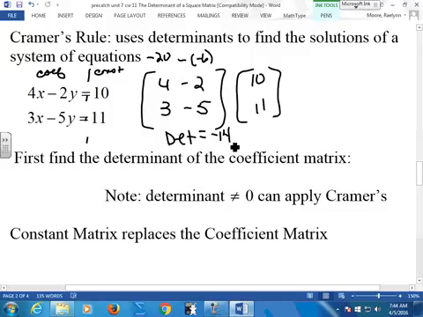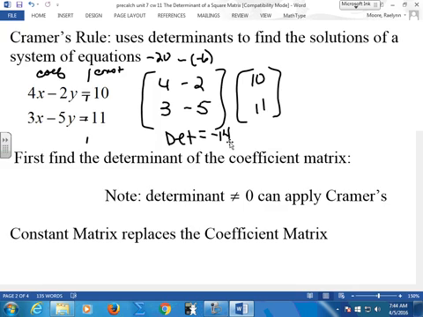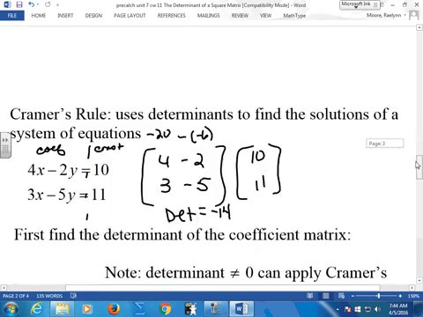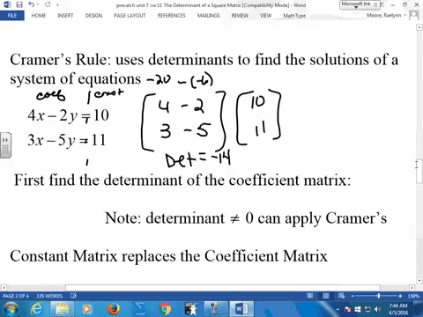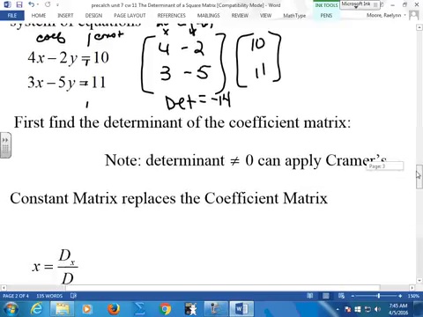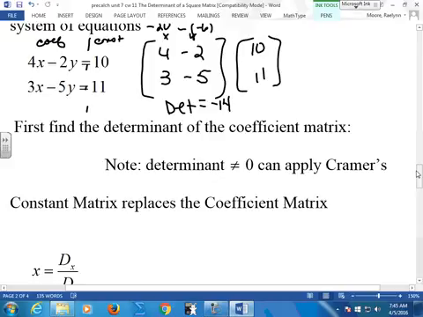Okay. Now, to do Cramer's rule, I don't think I have enough room here. I'm going to have to do it here. So this is your x, this is your y. We're going to take this column with your constant, and if we want to solve for x, we're going to replace the x with this.